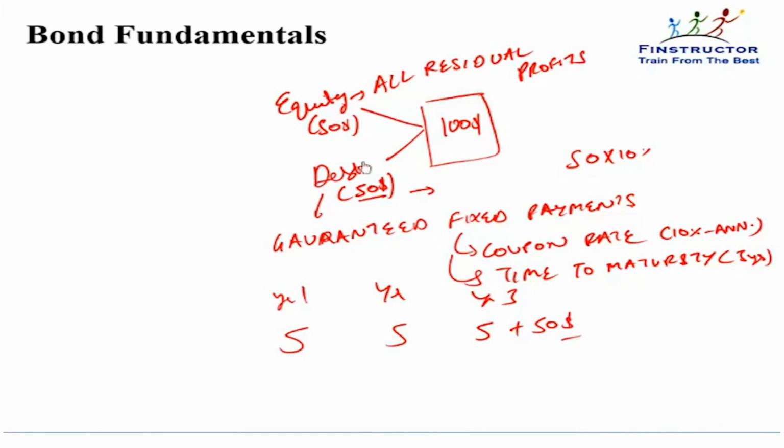So debt and debt-like instruments are called fixed income securities because the cash flows from these securities are fixed unless and until a default happens or the company reneges on its obligation. The company's profits may be very high or they may be very low.